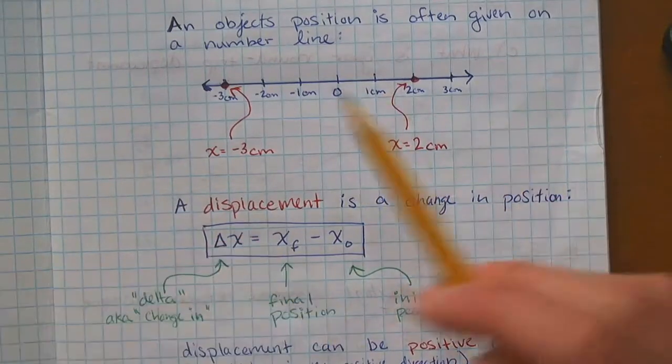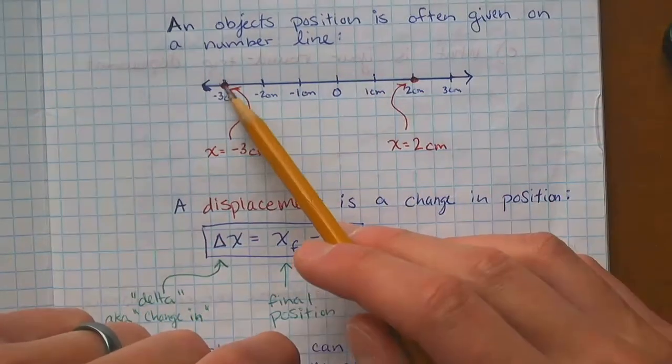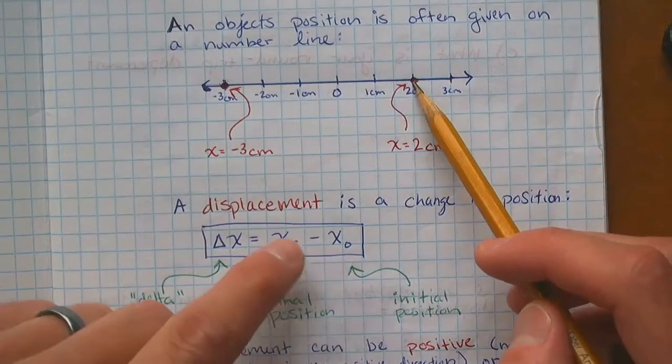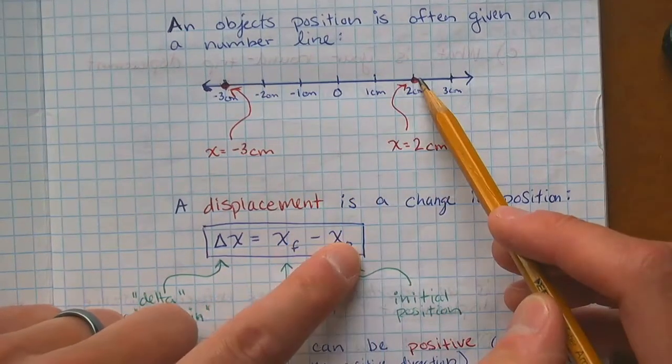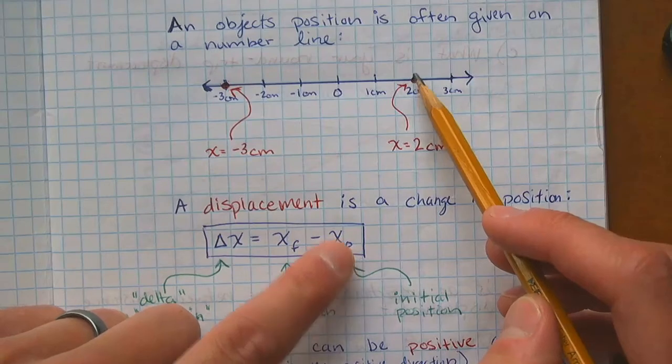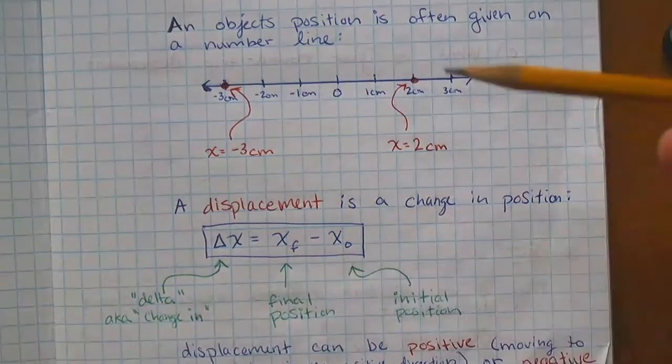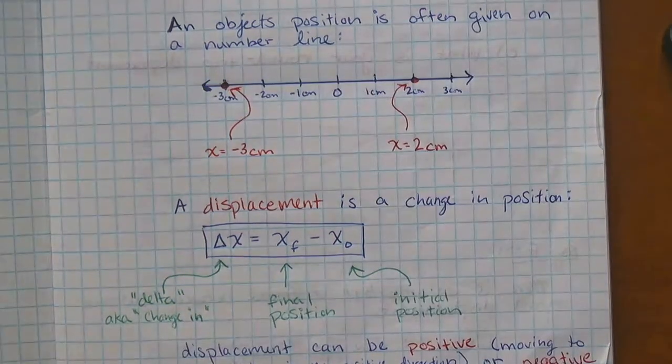Versus if we went from 2 back to -3, that would be -3 minus 2, because 2 is our starting point. That gives you -5 because you went 5 in the negative direction.